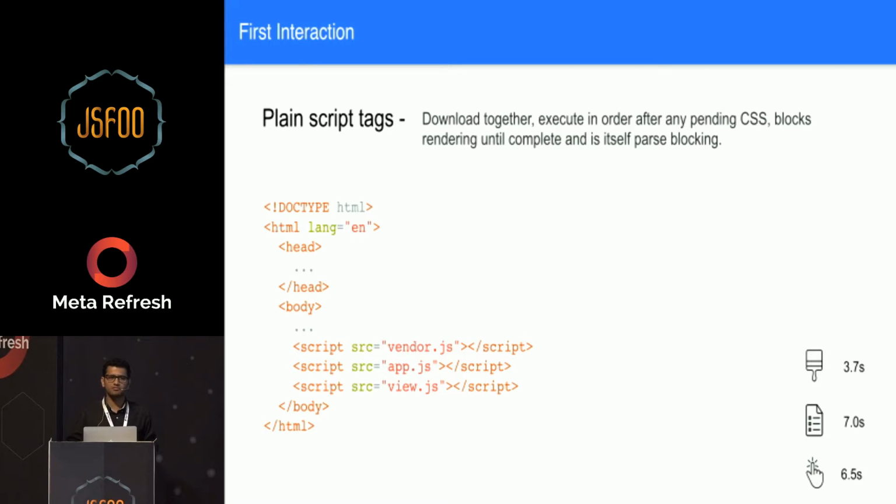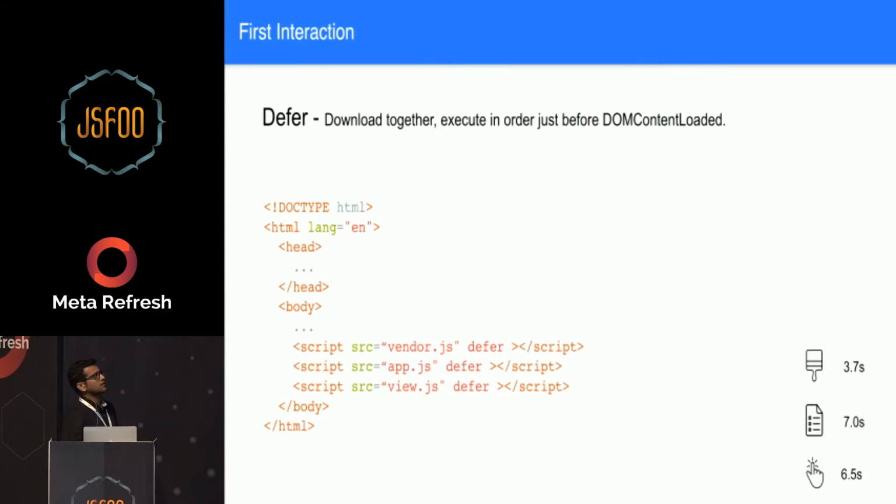techniques that are currently available to download JavaScript files. So we have plain script tags, right? Plain script tags are just normal script tags with src pointing to your JavaScript resource. The good part is they'll download your JavaScript together, but it's executed in order one by one.